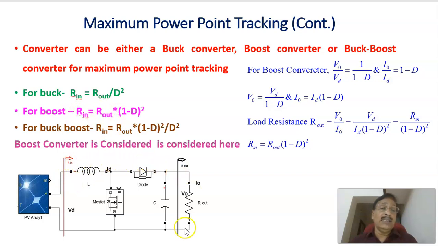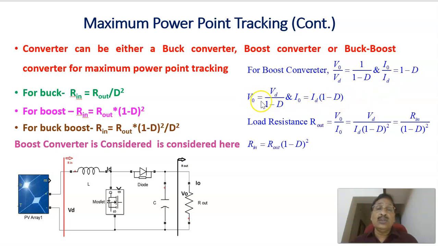This is a boost converter between the solar panel and the load. And as you know, the basic relation of the boost converter, the output voltage and input voltage, is related by V0 divided by VD, output voltage divided by input voltage, equal to 1 by (1 minus D), and the corresponding current is given by I0 by ID equal to 1 minus D. Therefore, from these equations, I can take V0 equal to VD by (1 minus D) and I0 equal to (1 minus D) into ID.